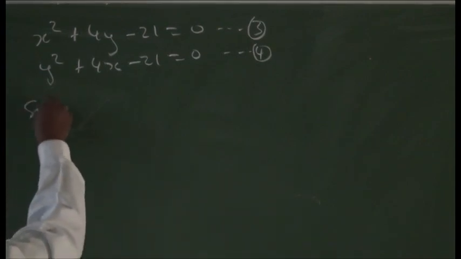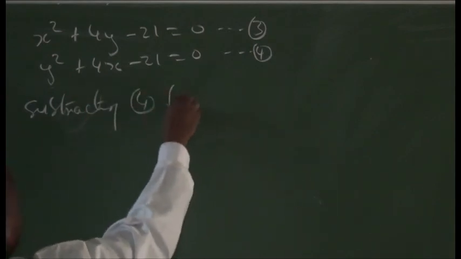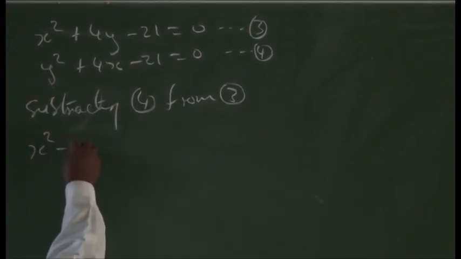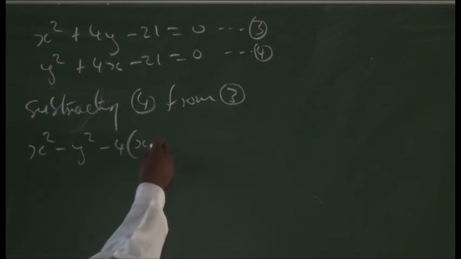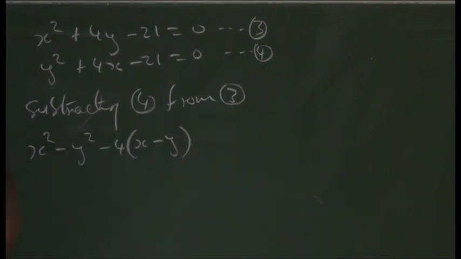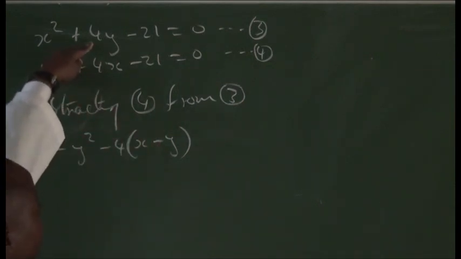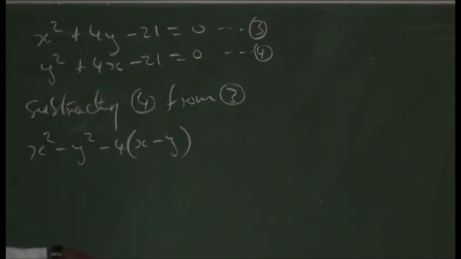Now, subtracting 4 from 3, I will have x squared minus y squared, then minus 4x minus y, because the 4y and 4x terms subtract, and it will equal 0.